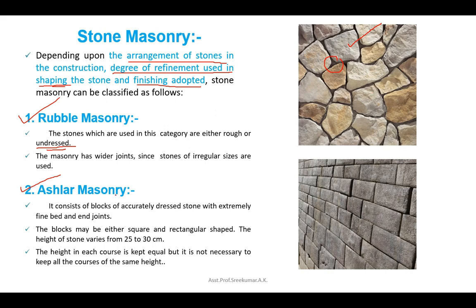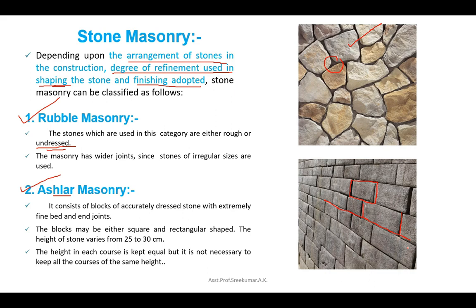The second type is called ashlar masonry. As you see in the second image, it consists of blocks of accurately dressed stone with extremely fine bed and end joints. Here, the term bed joint means the horizontal joints, and the end joint means the vertical joints between two stone blocks.